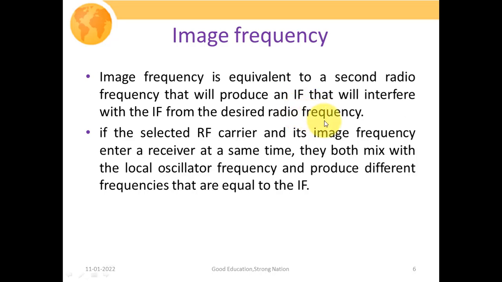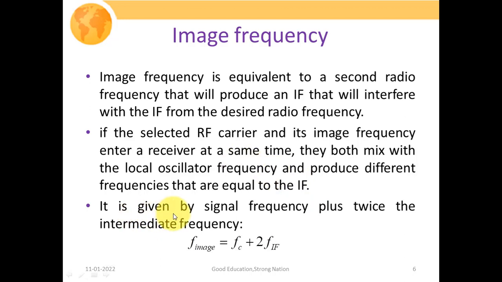So it is an undesirable effect, and we must avoid it. If the selected RF carrier signal and its image frequency enter a receiver at the same time, they both mix with the local oscillator frequency and produce different frequencies that are equal to the intermediate frequency. Obviously if this happens, it will increase the interference, which will distort our received signal quality.